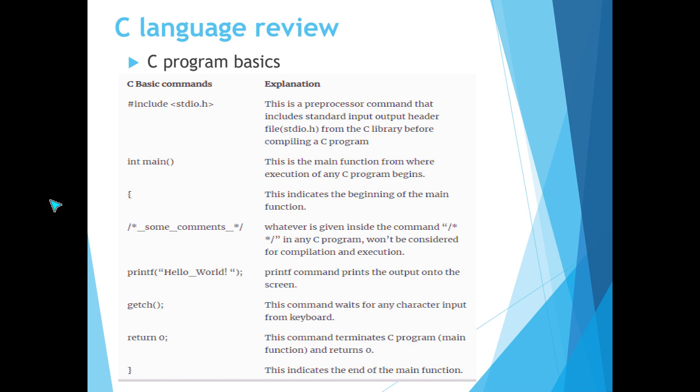This indicates the beginning of the main function. After that, as you see, we use curly braces, and as I explained, at the end of our coding we should close it with curly braces. If we don't do it, our program or our code will have a problem.